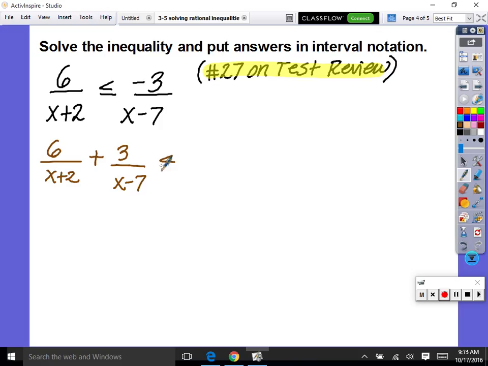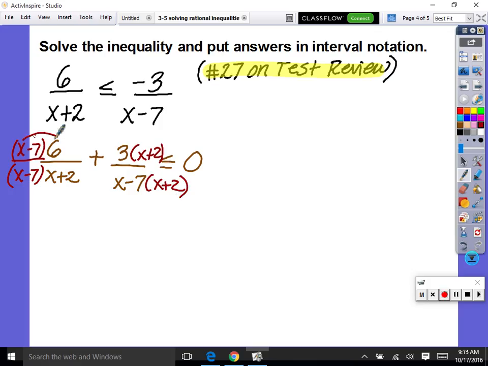When is that function less than or equal to 0? Okay, let's get a common denominator. So this needs an x minus 7. This needs an x plus 2. So let's distribute the top.